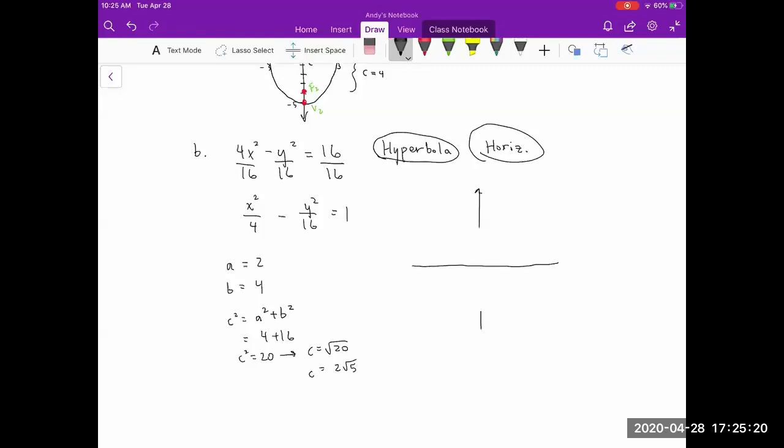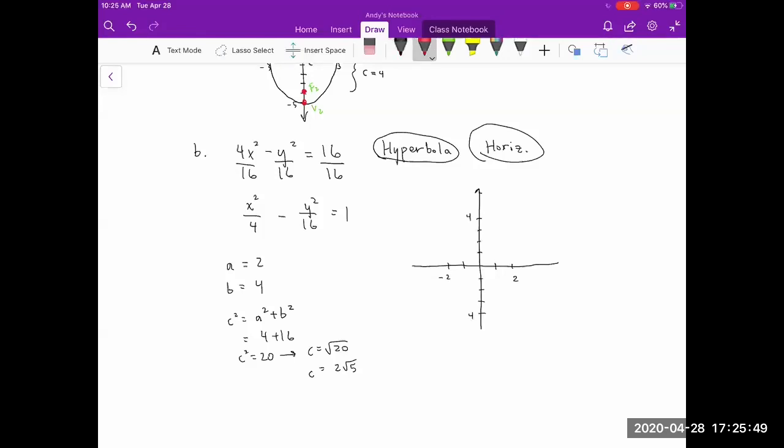So now we'll start to graph, so hopefully this helps us visualize what's going on. We're going to do the same thing we did for ellipses to get the graph going, but then things get a little different after the fact. So we're going to go left and right by the square root of the number under x, so left and right by 2. We're going to go up and down by the square root of the number under y, so up and down by 4.